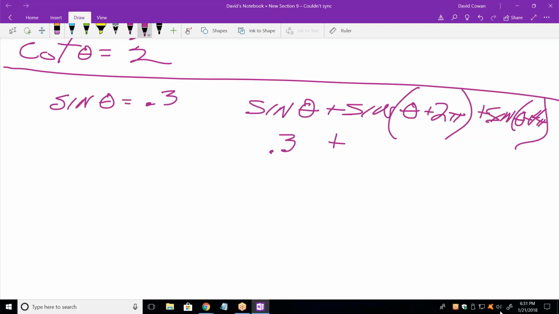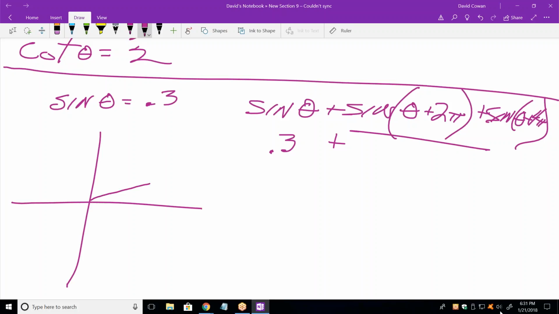So there's a number that goes with sine of theta plus 2 pi. The sine of theta is 0.3. So I'm going to say that's 0.3 over 1, correct?